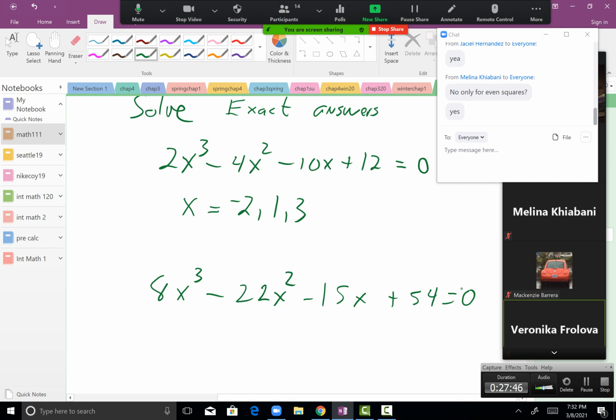So see if we can come up with any x-intercepts for that one. I got -1.486. Is that the only one? Yes. Okay, so that one's not a very good one then.